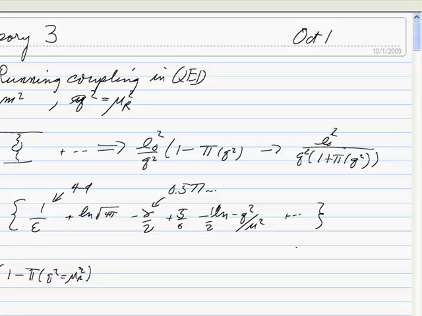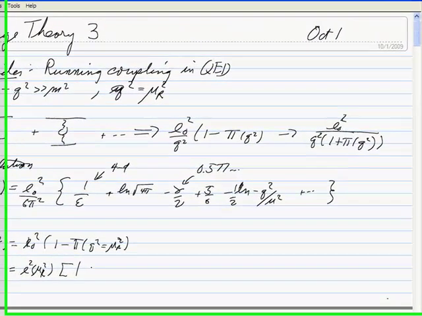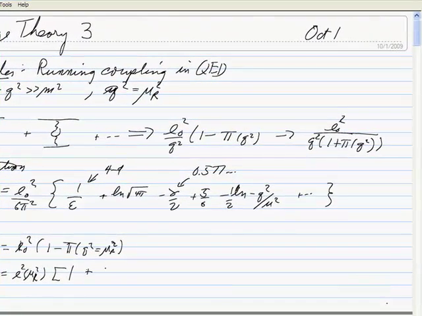Then you absorb all those constants in there, and you end up with e squared at a general q squared is e squared at mu r squared times 1 plus e squared over 12 pi squared log of q squared over mu r squared.